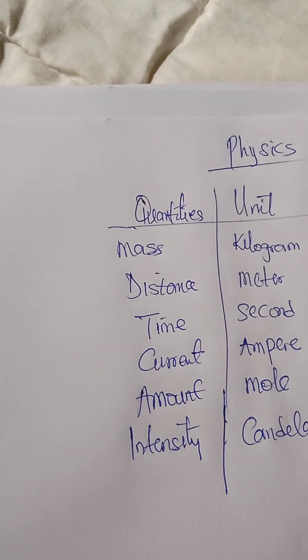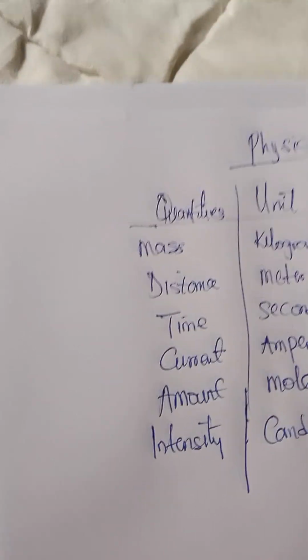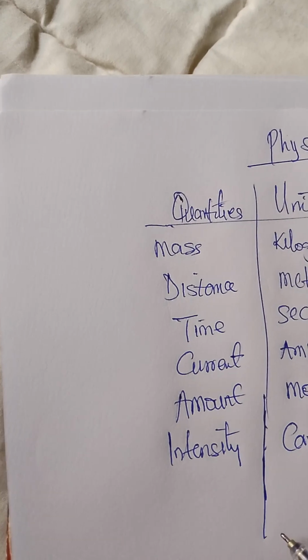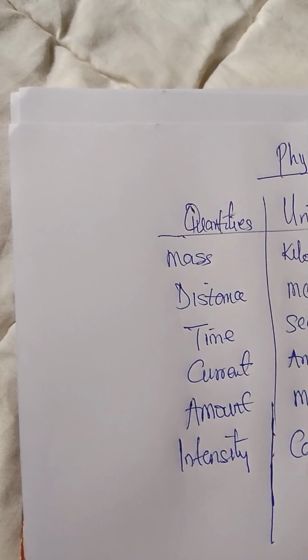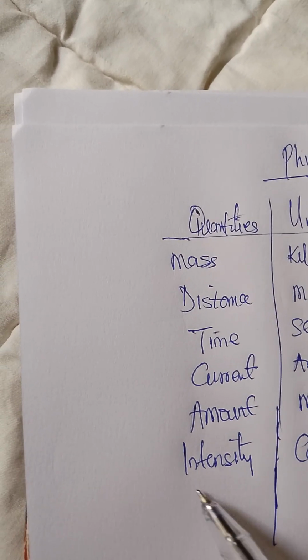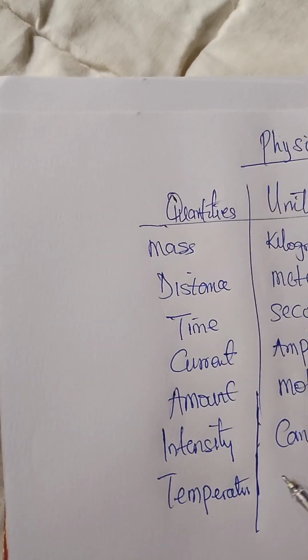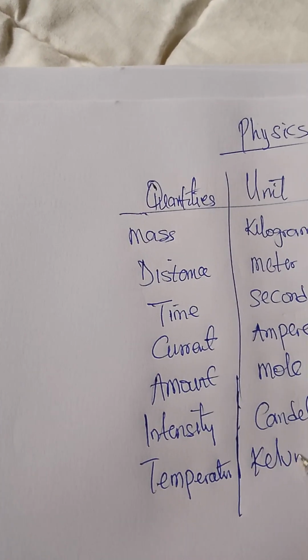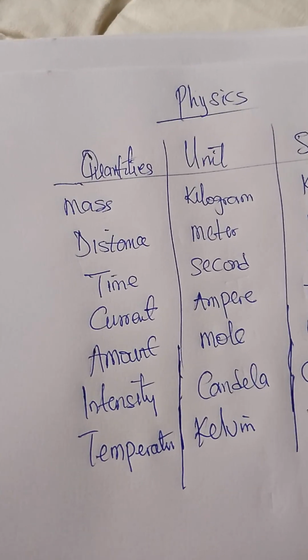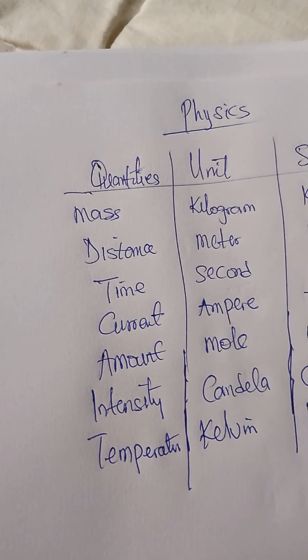Is there another one? 1, 2, 3, 4, 5, 6, 7. I think we have temperature. So temperature is measured in Kelvin, and the symbol is K.